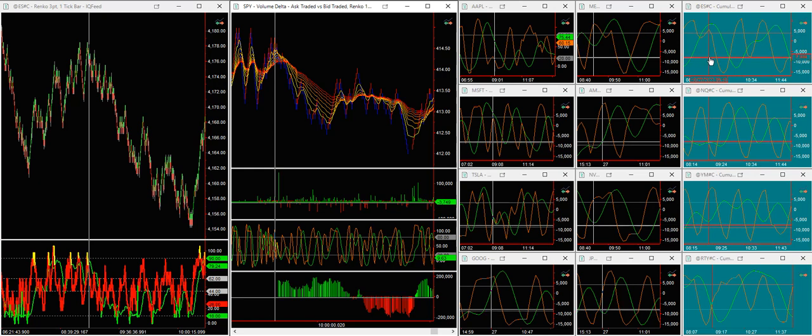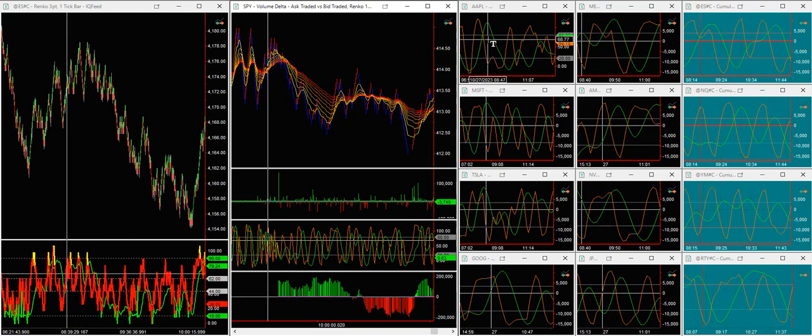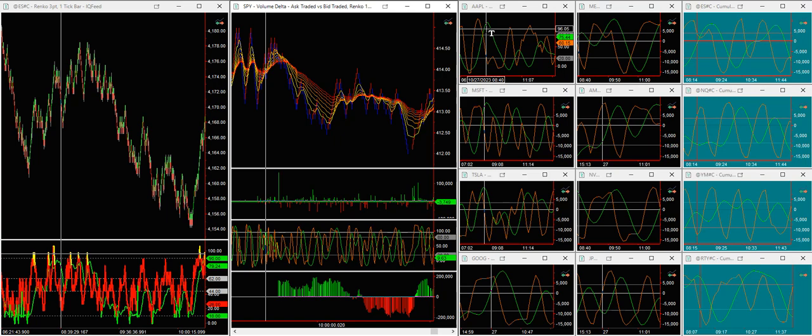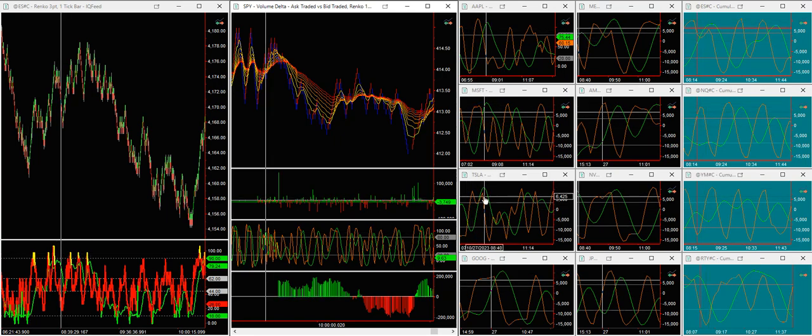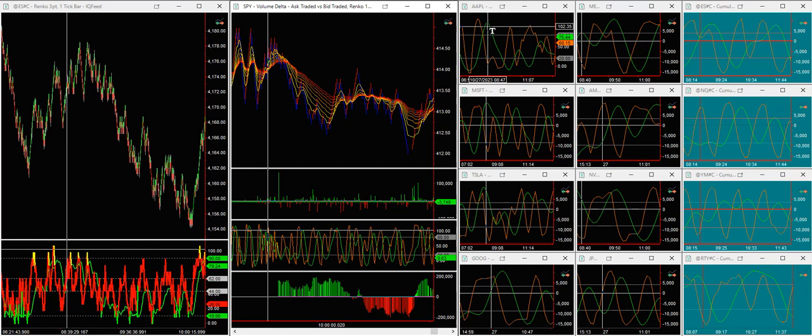Let's go back to the stocks now. Let's look here. Apple, Microsoft, Tesla, this vertical. Apple, Tesla. Now Tesla has encapsulation. These guys look like they want to go short. Amazon wants to go short.